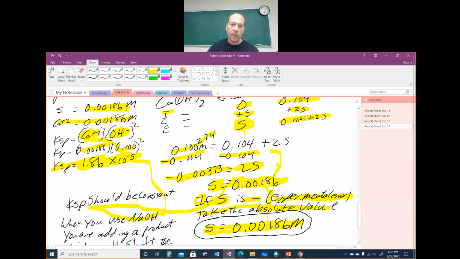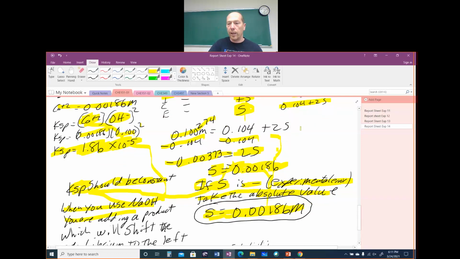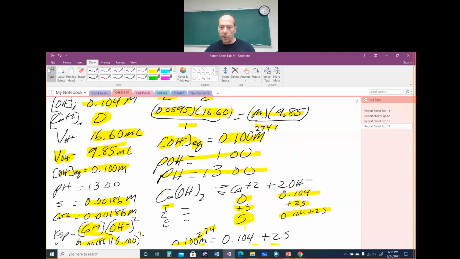All right, so ideally your KSPs would be constant. They were not constant in this data. They were supposed to be constant at a constant temperature. And the more OH minus that you started with, the more it's going to shift the equilibrium to the left, which means less is going to come to the right. So each time as we went down, we added more OH minus.